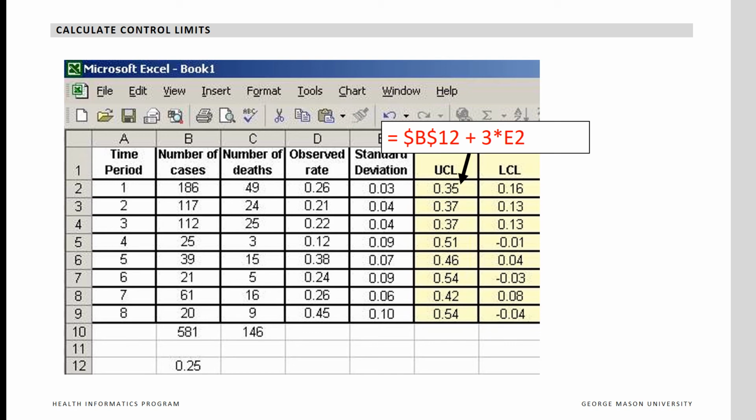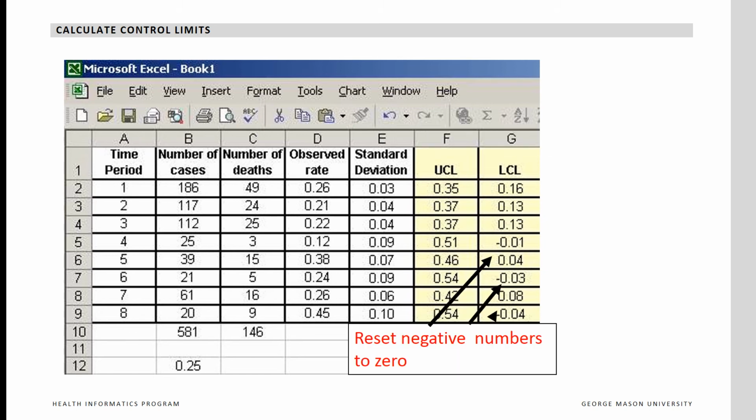Upper control limit is calculated as the rate across time periods plus 3 times standard deviation for each time period. Lower control limit is calculated as the rate across time periods minus 3 times standard deviation for the time period. Negative control limits are set to 0.